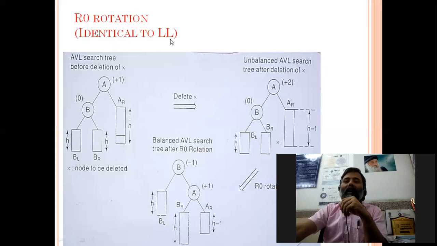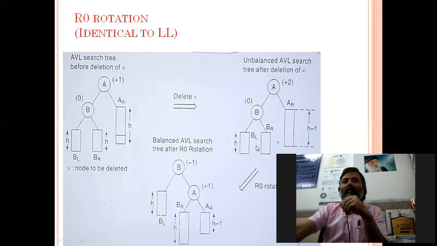So you know that in LL rotation what we do, this node B becomes the root node and A becomes the right child. So B becomes root, A becomes right child. No change in its right subtree.